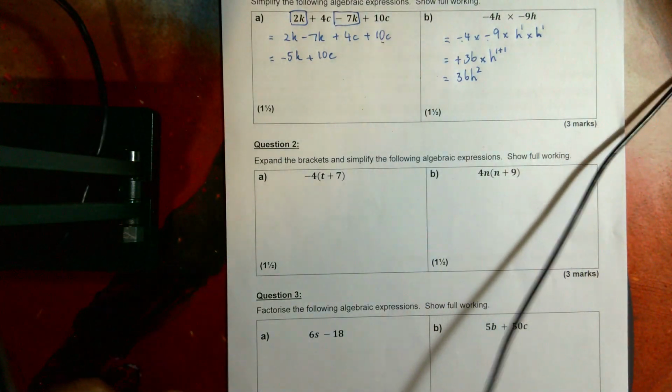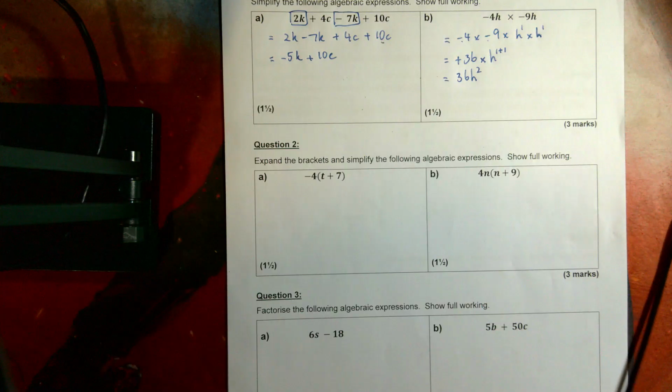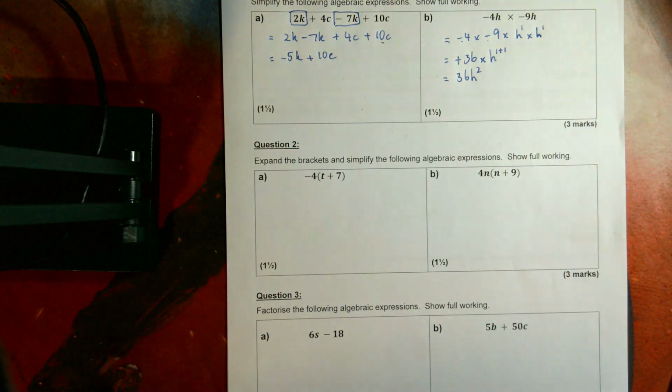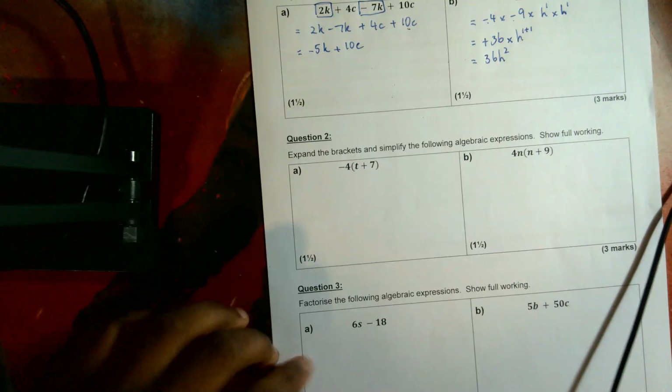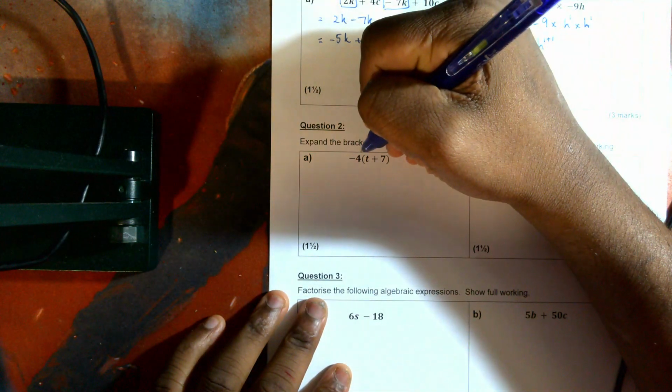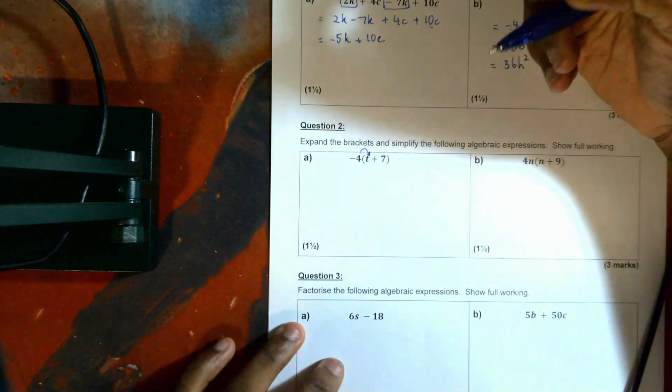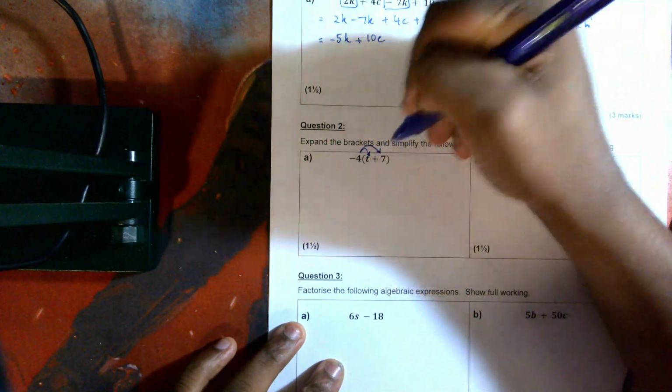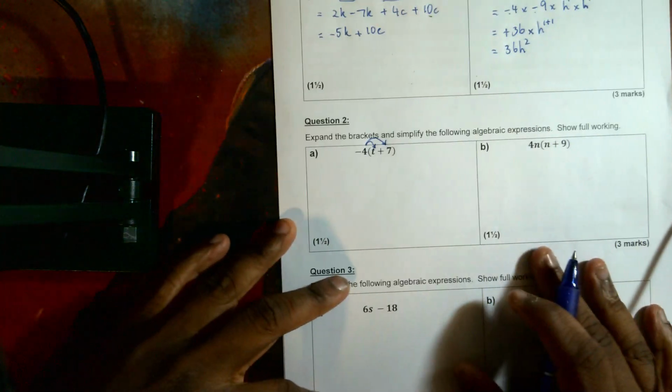Alright, moving down the page, we're going to expand the brackets and simplify the following algebraic expressions. So again, we are using the distributive law, which means we are going to multiply negative 4 by t and multiply it by positive 7.